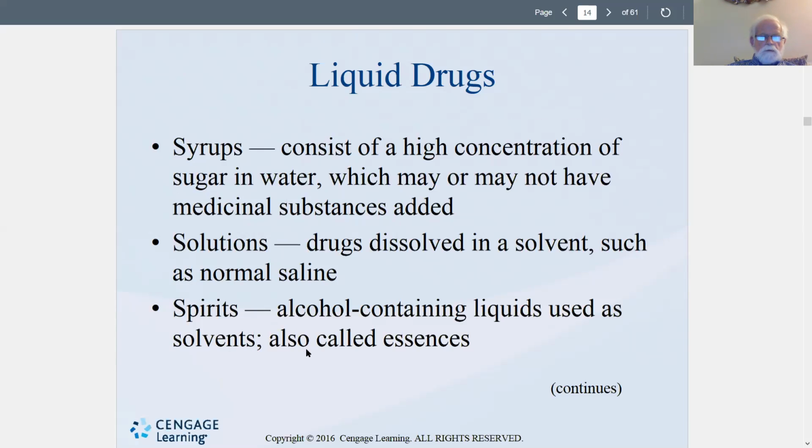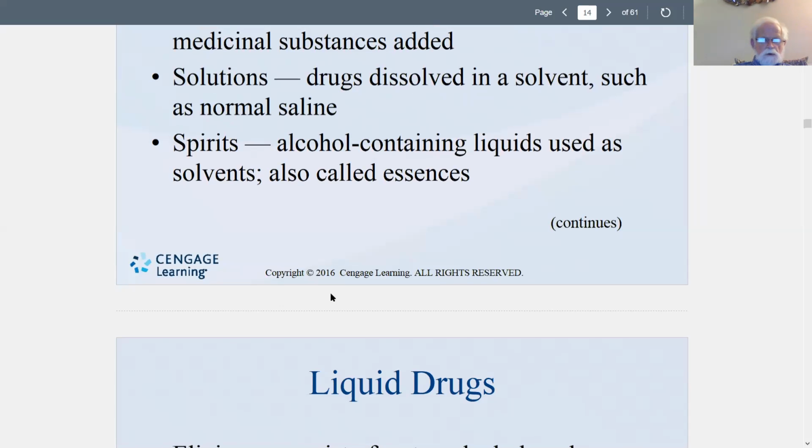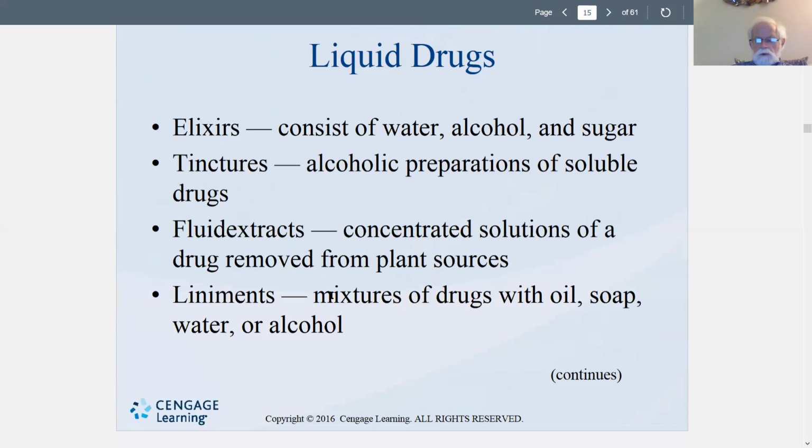Spirits contain alcohol. We used to use alcohol quite a bit as a way of extracting drugs from plants, for instance. Other liquid drugs include elixirs, which have a whole bunch of stuff: sugar, alcohol, water, etc. Tinctures are alcohol preps of solutions of drugs, usually taken in small amounts.